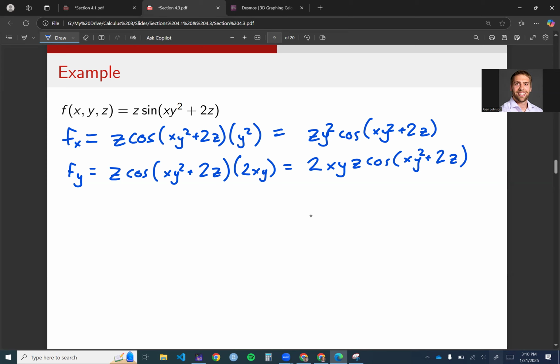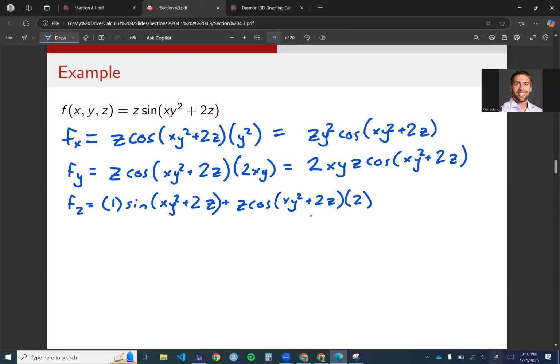Okay, and then for fz, chain rule. So the derivative of z is 1 times sine of xy squared plus 2z, plus z times the derivative of the sine, and I get cosine of xy squared plus 2z times the chain rule, 2. Got to end my parenthesis.